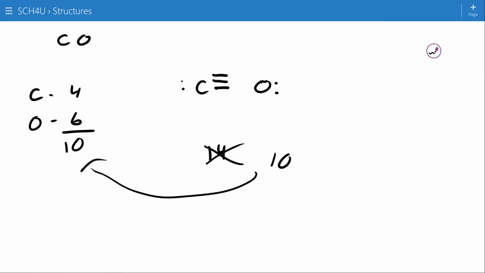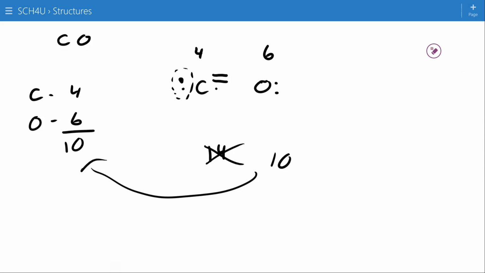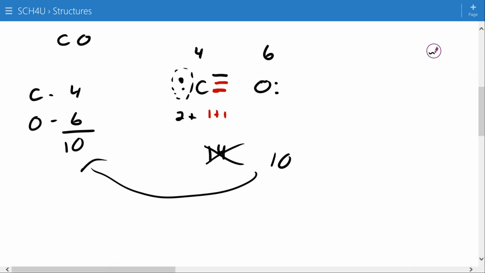What's interesting about this, though, remember, is that this carbon offered 4 and this oxygen offered 6. If we imagine that carbon offers 1 of the 2 electrons in this bond and 1 of the 2 electrons in this bond, then what I get up to is 1, 2, 3, 4.